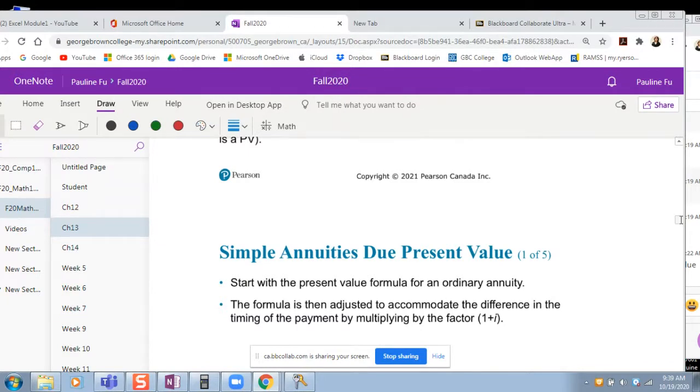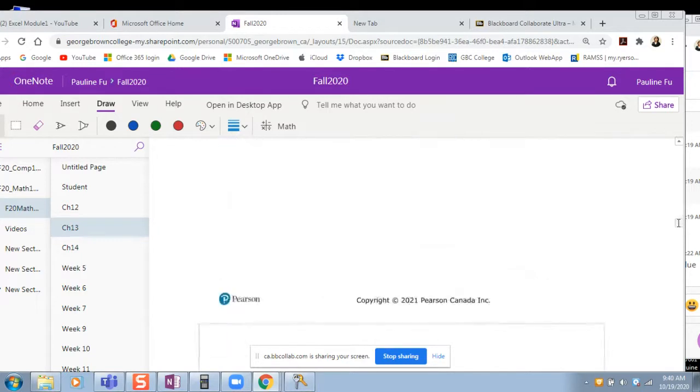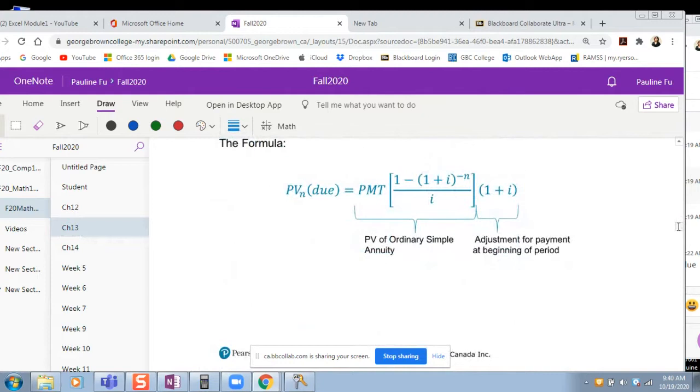So now we just did the future value. Now let's look at the present value for simple annuities due. For the present value, this is the formula.